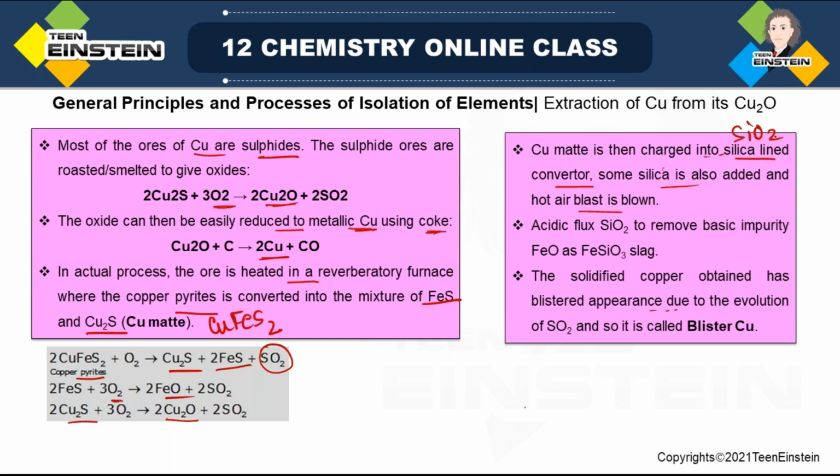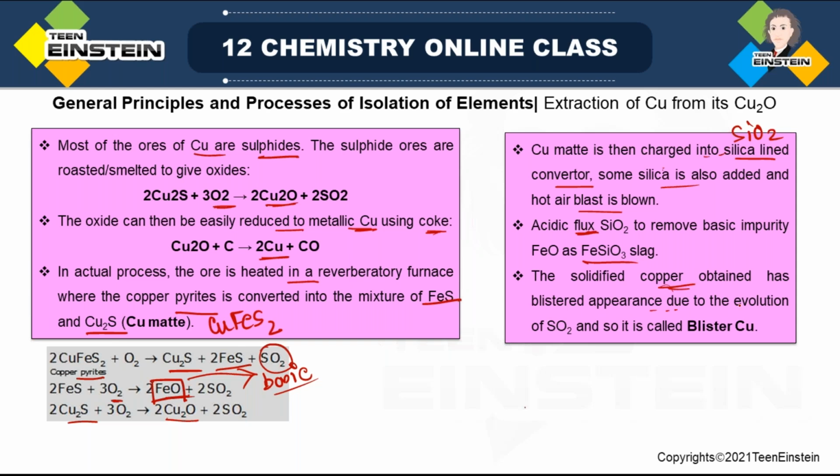Silica is SiO2, and it acts as an acidic flux because here we have an impurity which is a metallic oxide, and as it is a metallic oxide, it is basic in nature. So if you want to remove this impurity by using flux, the flux must be acidic. Then only it can react with this basic impurity. Ultimately, it produces FeSiO3 slag. Flux plus impurity, or gangue, produces slag.